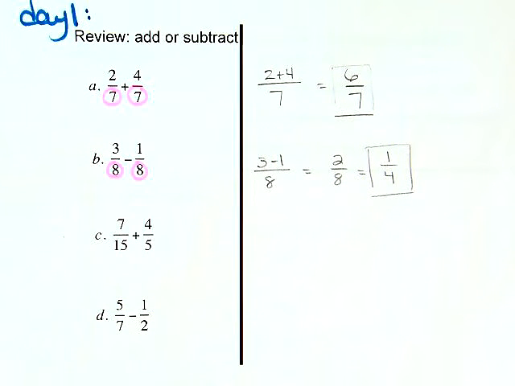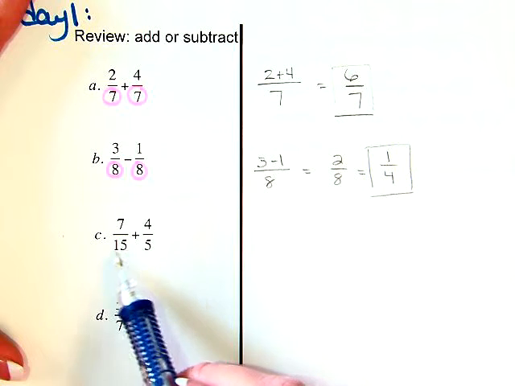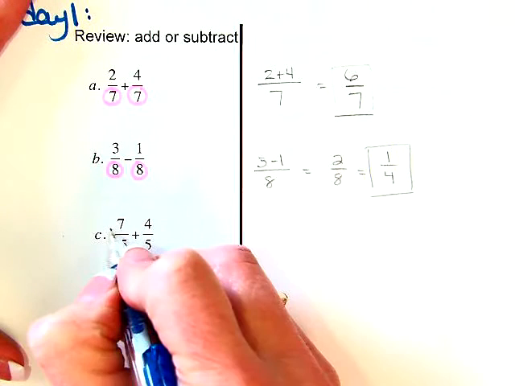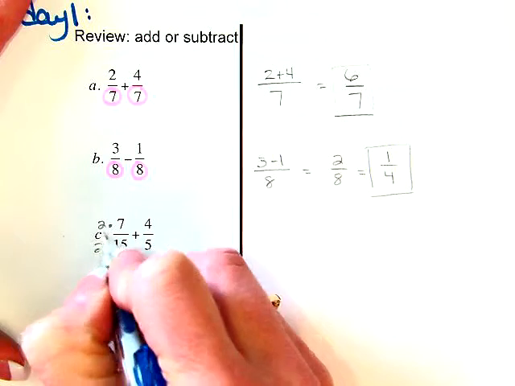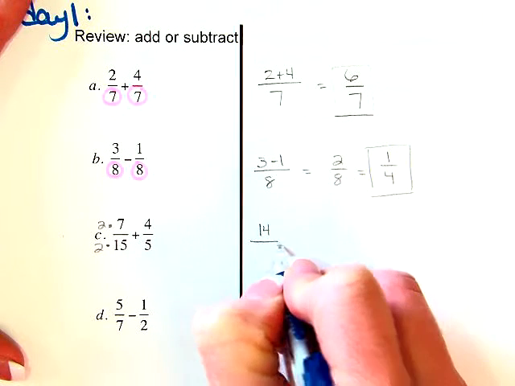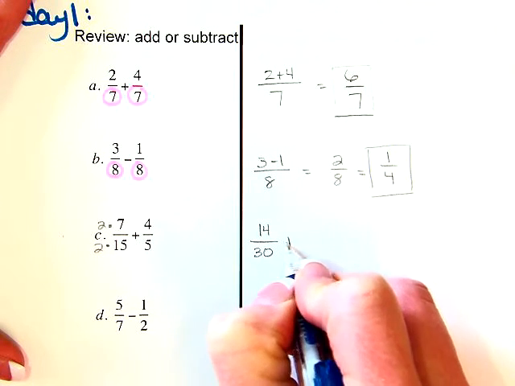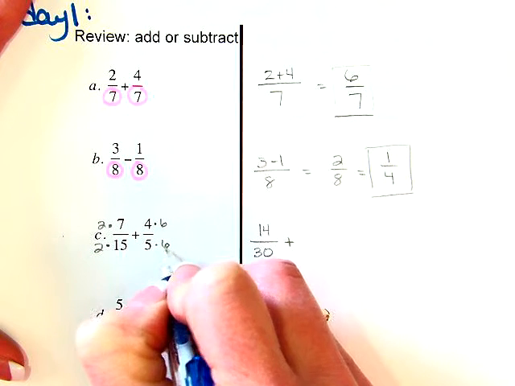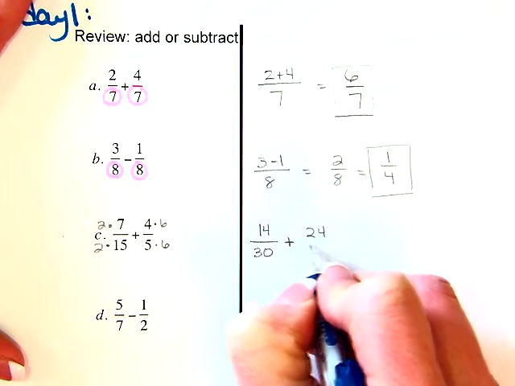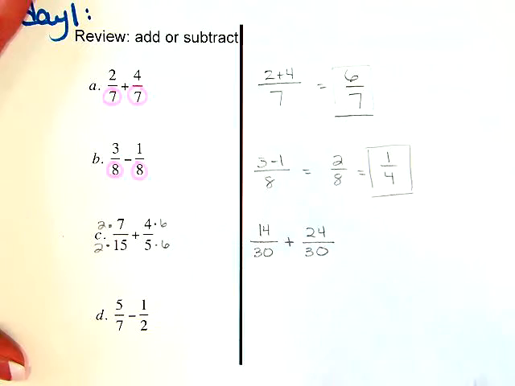So then you need to take the 7 over 15. You want a 30 down here. So we're going to multiply both the top and the bottom by a 2 to get 14 over 30 plus, and then we're going to multiply here both top and bottom by 6. So we get 24 over 30.